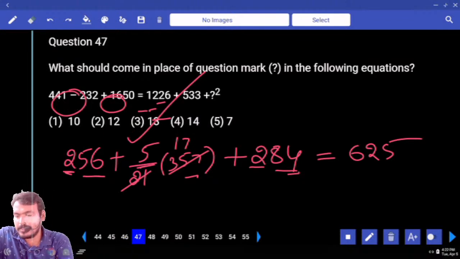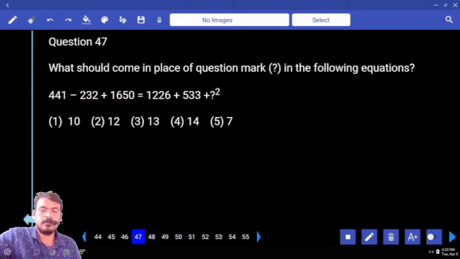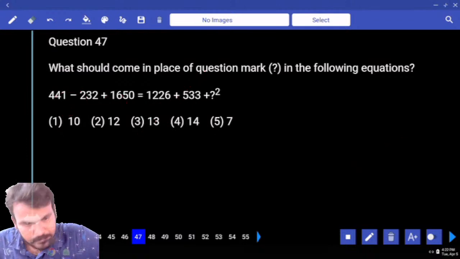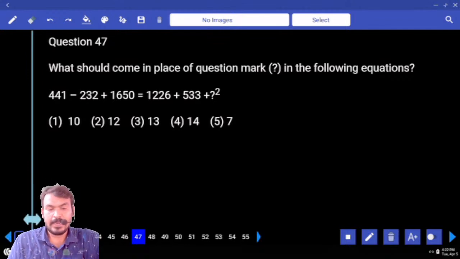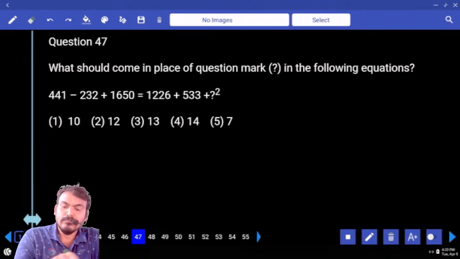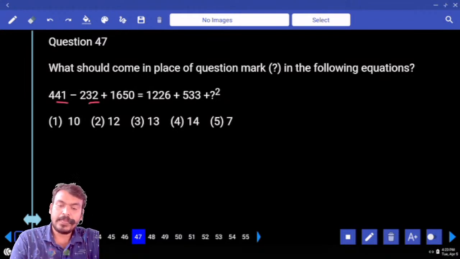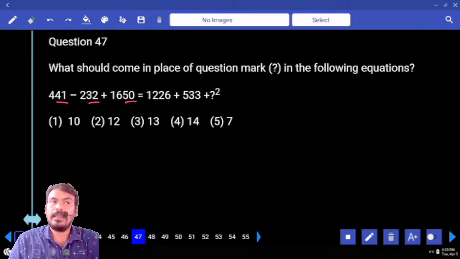Next 47. Verify the last 2 digits of every value. 41 minus 32 is 9. 9 plus 50 is 59. Left hand side last 2 digits value 59.